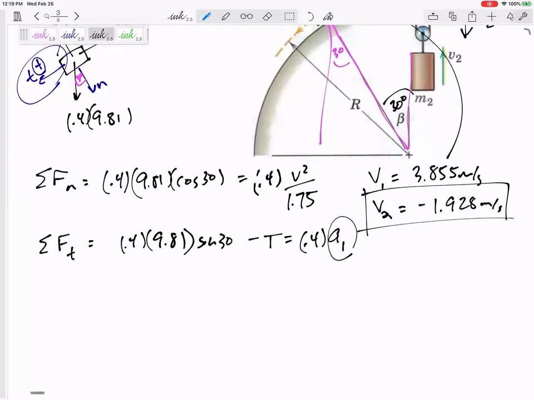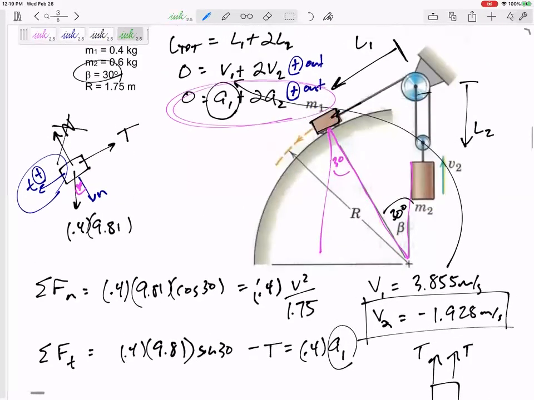So block 2, its free body diagram: 0.6 times 9.81, and it has 2 of these tensions.